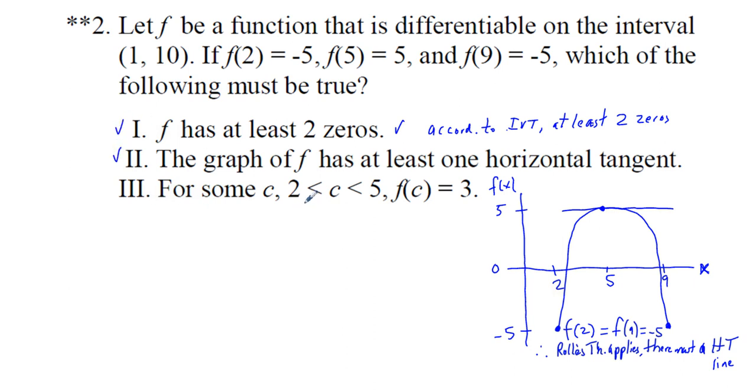3, for some c between 2 and 5, f of c would have to equal 3. Well, here, if we draw a dashed horizontal line at 3, we would see that we would have to have at least 1 zero.